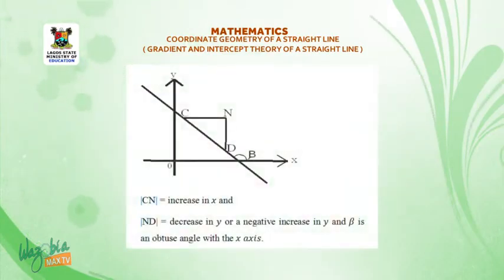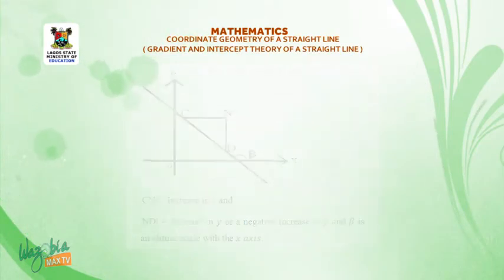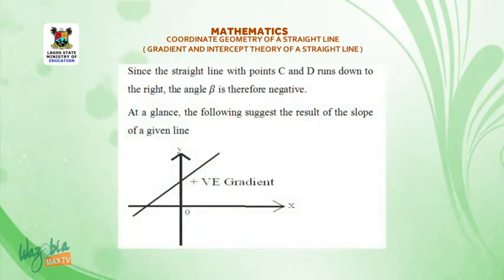That is, the modulus CN is equal to increase in x, and modulus ND is equal to decrease in y, or a negative increase in y, and beta is an obtuse angle with the x-axis. Since the straight line with points C and D runs down to the right, the gradient is therefore negative.